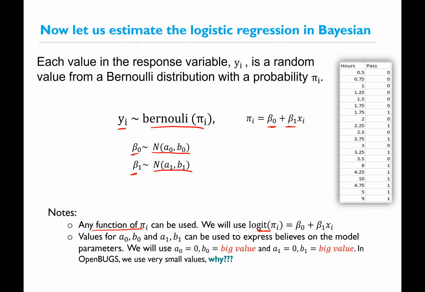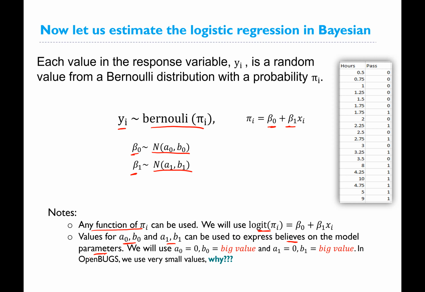You can use anything else, like pi i divided by 1 minus pi i, or the odds ratio, equal to beta 0 plus beta 1 xi. And the values for A0, B0, A1, B1 can be used to express the belief on the model parameters. If there is some available information, you can use it to find A0, B0, A1, B1.